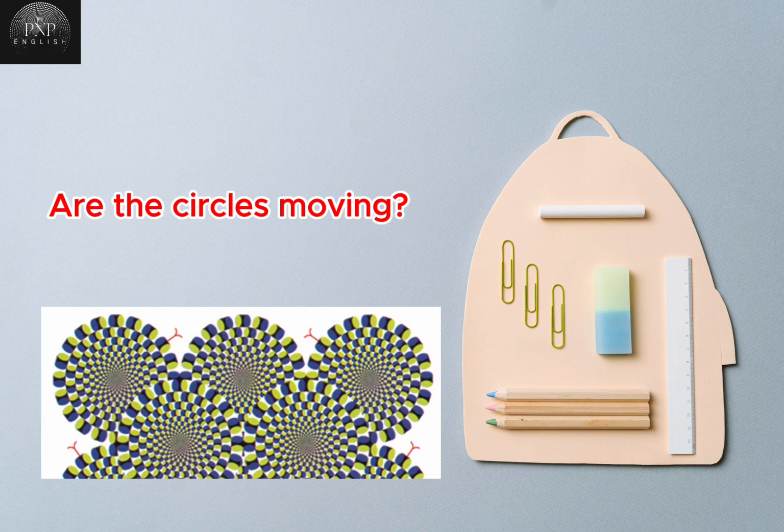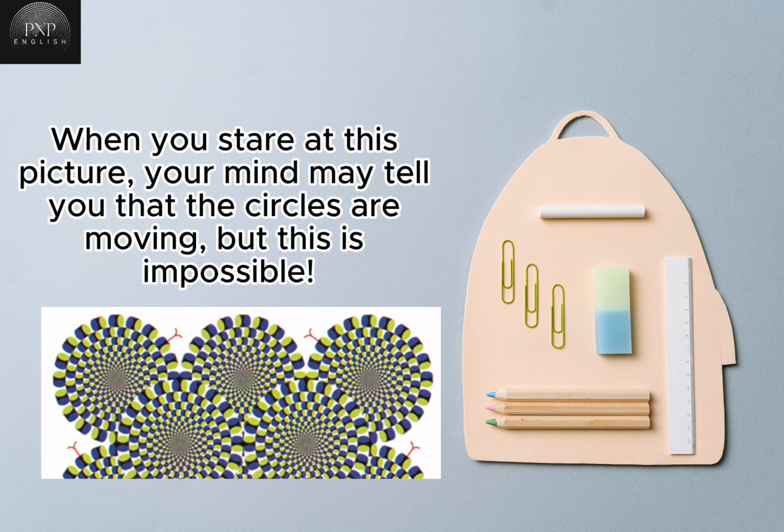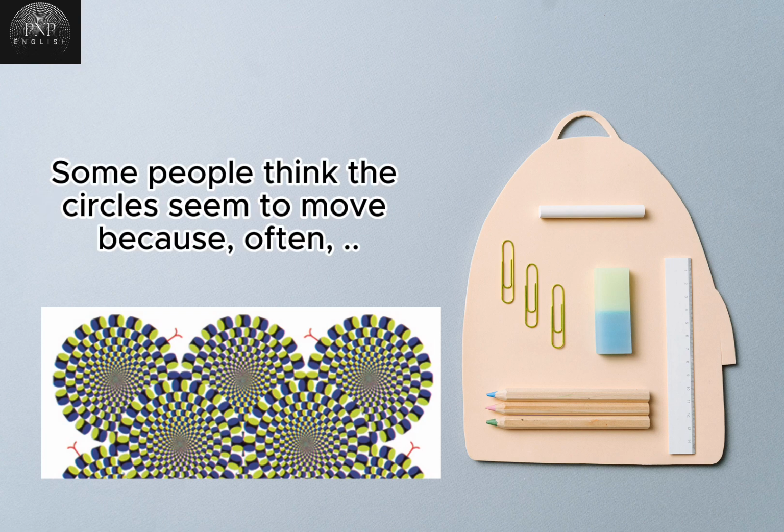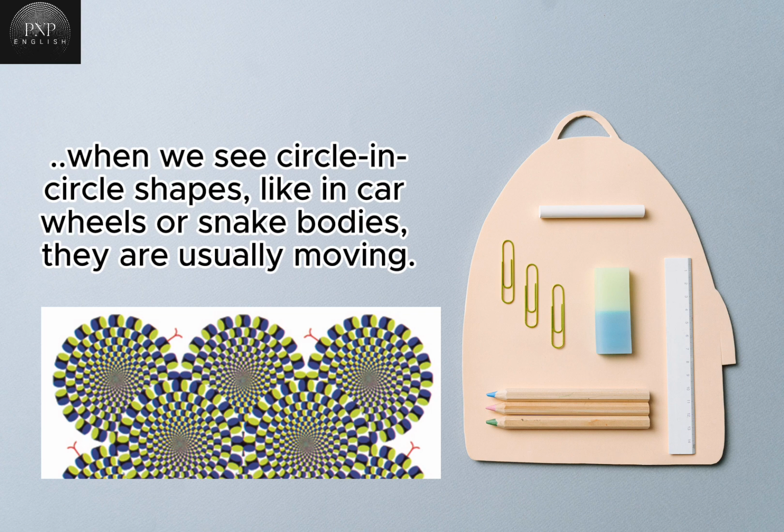Are the circles moving? When you stare at this picture, your mind may tell you that the circles are moving, but this is impossible. How can a picture move? Some people think the circles seem to move because often when we see circle-in-circle shapes, like in car wheels or snake bodies, they are usually moving.